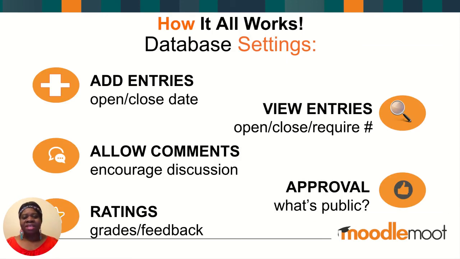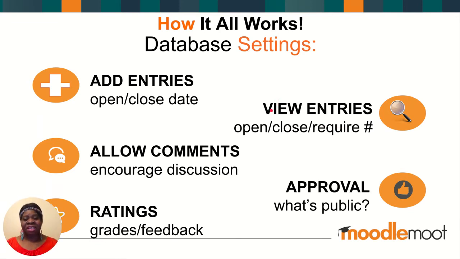So the secret is in the settings. Okay, when you're adding entries, consider when you want to open and close entries. When you want students to be able to view entries, you want to consider the dates when entries can be viewed, when entries can no longer be viewed, and this is going to be archived. Do you want to require a certain number of entries before being able to view?